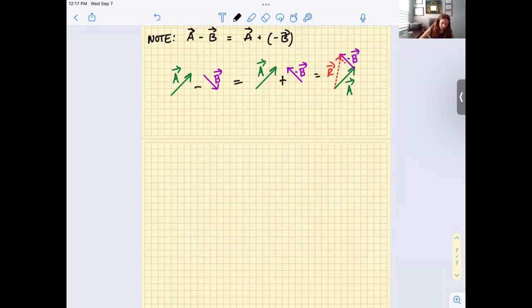Okay, let's talk about vector components. So let's say we are in an XY plane.